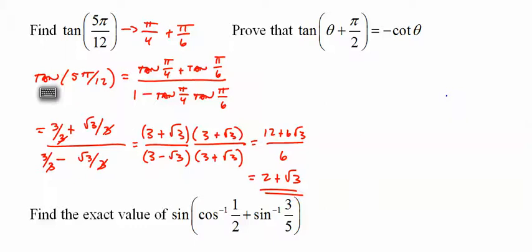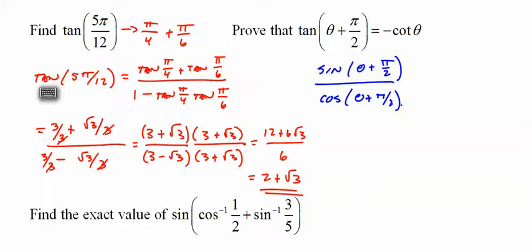One of these is in the homework. But we can use sine of theta plus pi over 2 over cosine theta plus pi over 2. The only problem now is I didn't leave nearly enough room. Sine of theta cosine of pi over 2 plus cosine of theta sine of pi over 2.